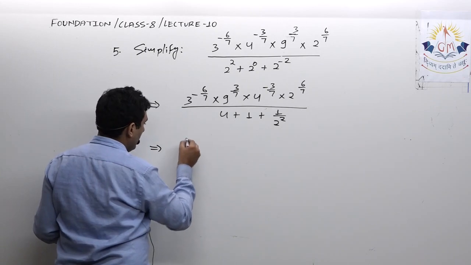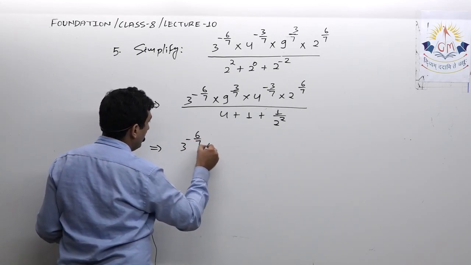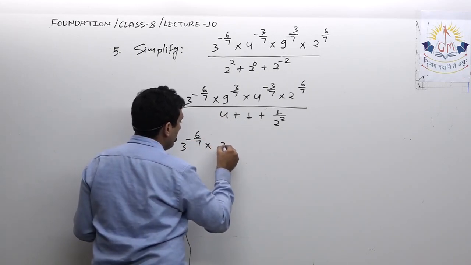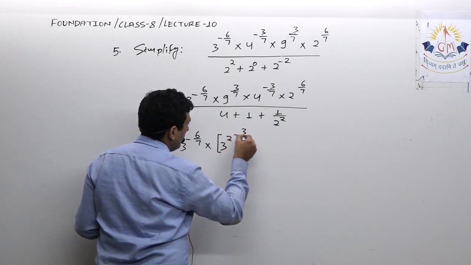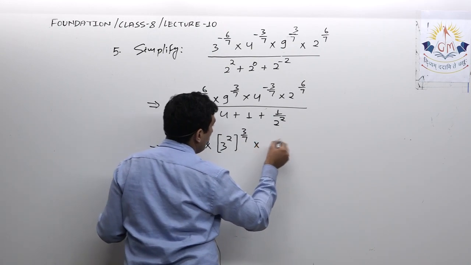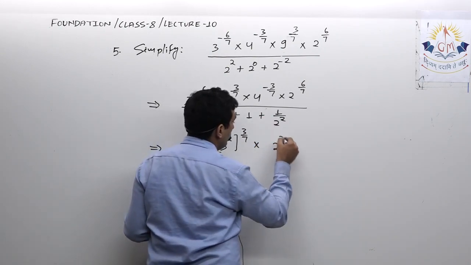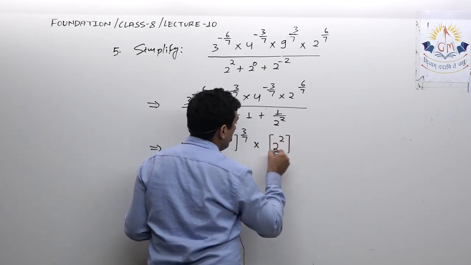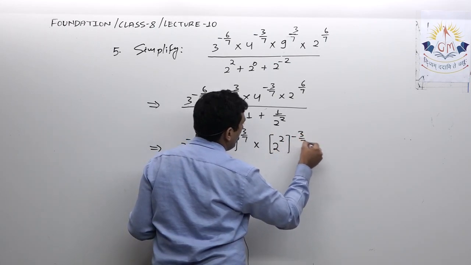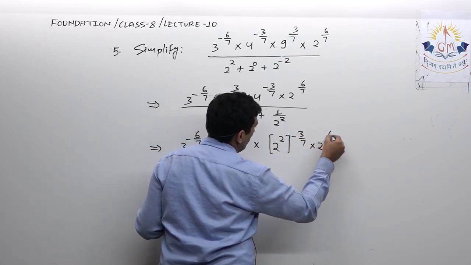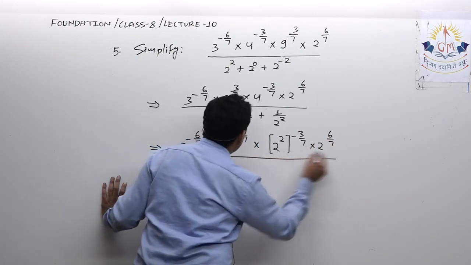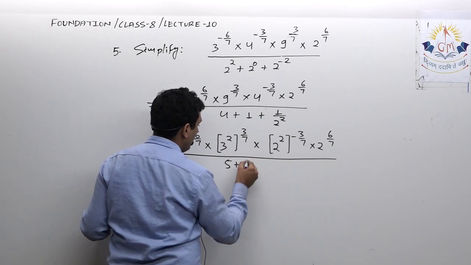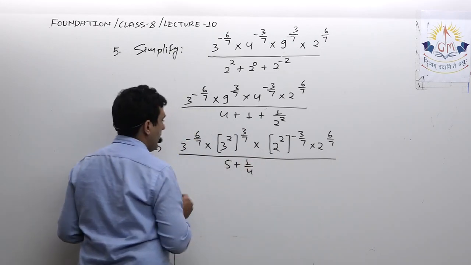Now this is 3 raised to minus 6 upon 7 into, this 9 can be written as 3 square raised to 3 by 7, into 4 can be written as 2 square raised to minus 3 by 7, into 2 raised to 6 by 7, divided by 5 plus 1 upon 4.